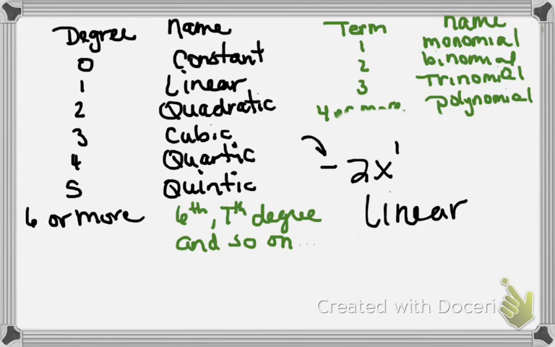Now, some of you may say, well, there's a minus right there, but that means it's a negative 2, like you're not subtracting the polynomials or the monomials. Now if I had another variable or number on the other side of that subtract, then it would be different. But this is a negative. So it's -2x, so it's a linear, and it's one term, so it's a monomial. So linear monomial. If I could spell today, that's linear. All right, hope this helps.